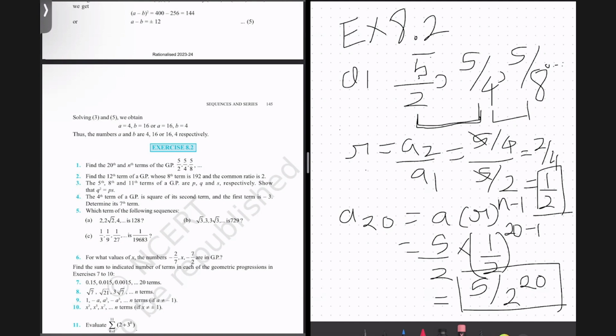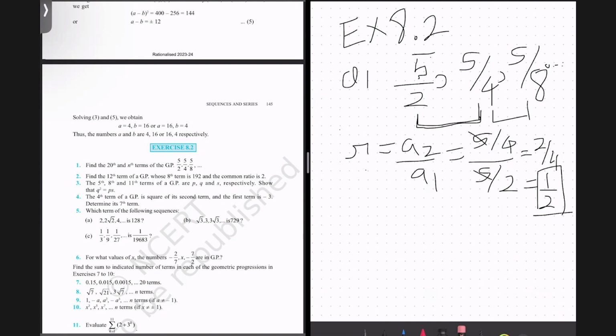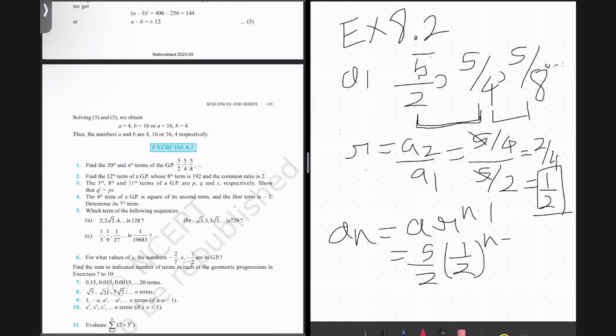The nth term of this particular GP would be A r to the power n minus 1. A here is 5 by 2, and r is 1 by 2 raised to the power n minus 1.